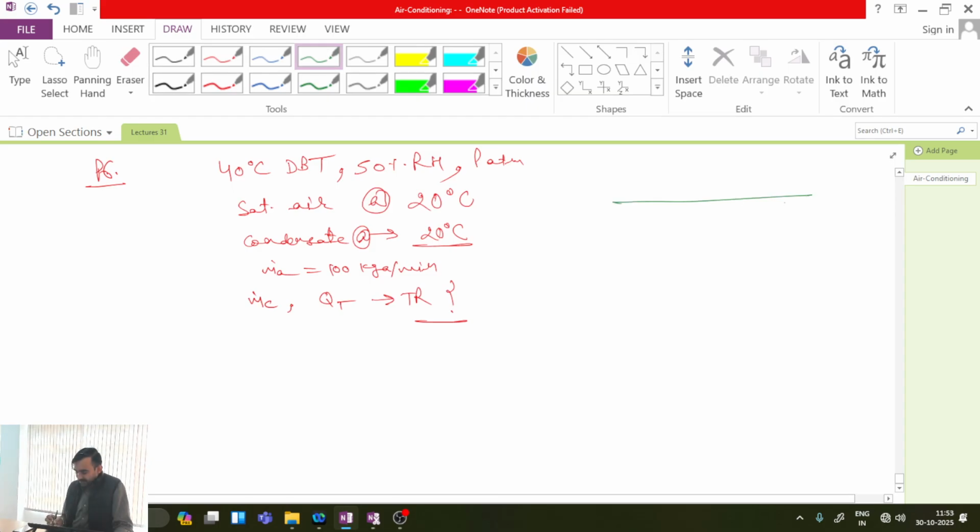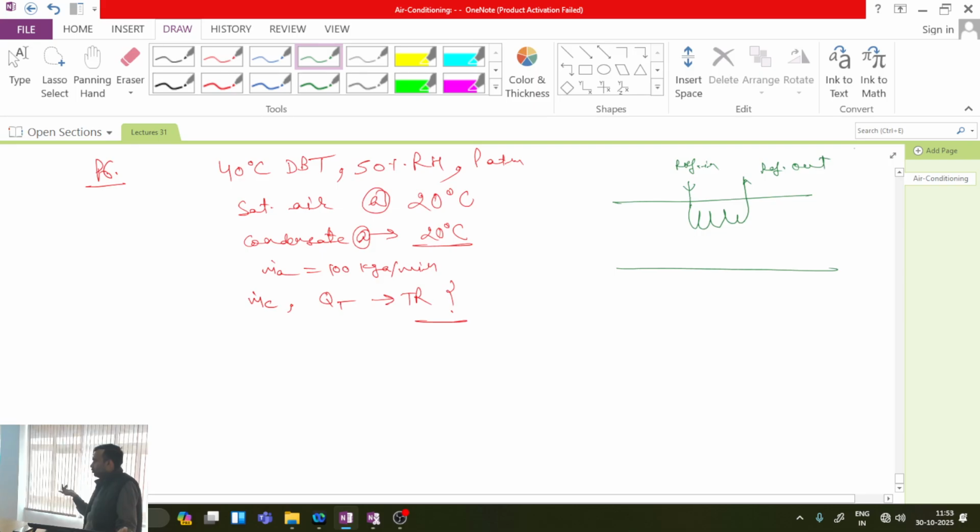So let me explain to you the representation of the problem. The problem is like this: you have a duct. In this duct there is a cooling coil. You can assume some refrigerant is entering and then the refrigerant is going out. So it means it is cooling. Then from here, at m dot A, moist air is entering.